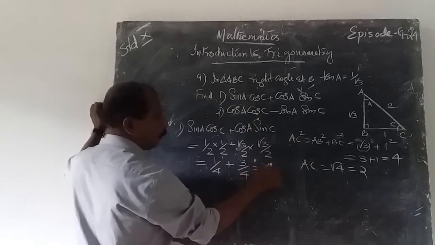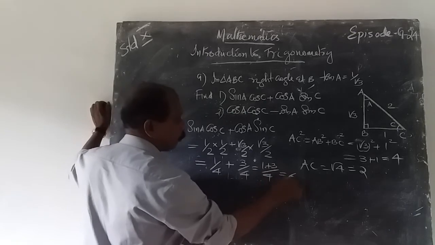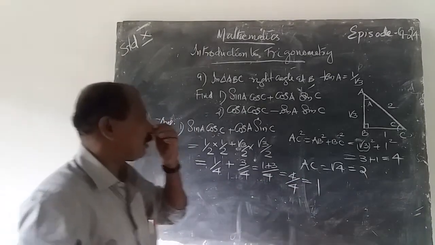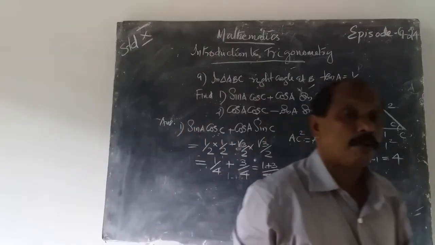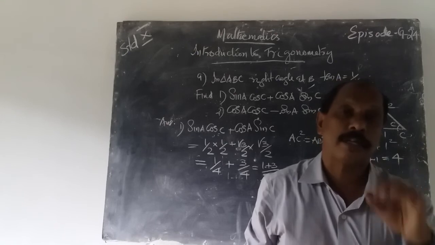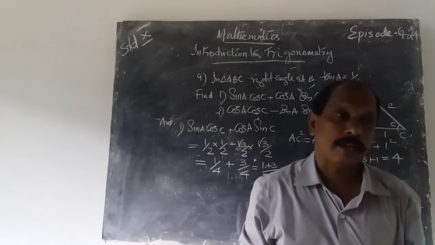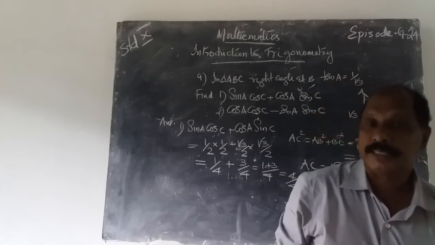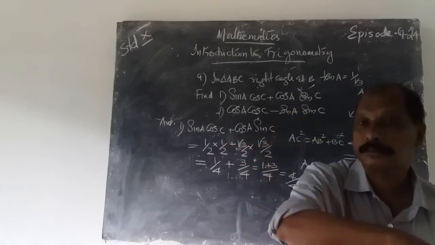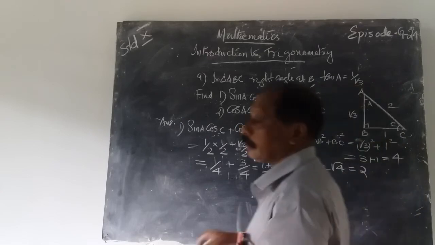That is equal to 1 plus 3 by 4 is equal to 4 by 4 is equal to 1. Therefore, sin A cos C plus cos A sin C is 1, because that is the result in the higher class. Sin A cos C plus cos A sin C is sin of A plus C. A plus C is 90. Sin 90 is 1.